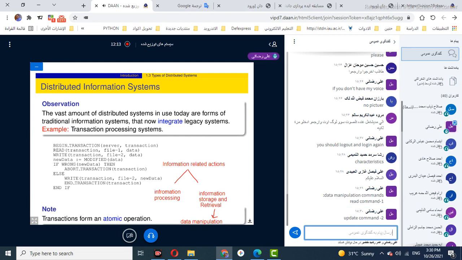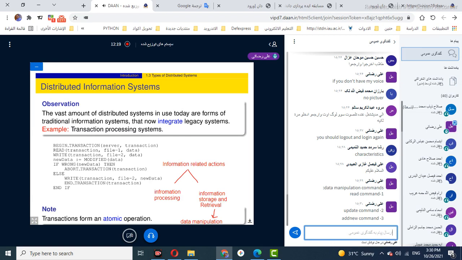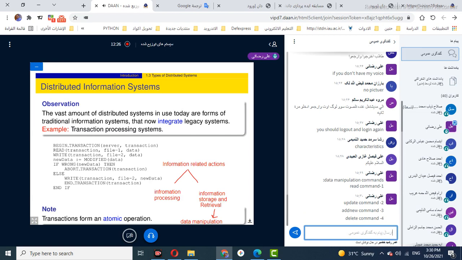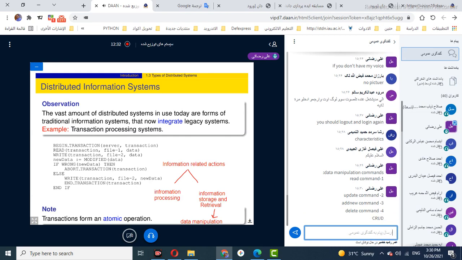Third one is the insert or add new command. And the fourth one is the delete command. We have these four commands, which are usually called CRUD commands.